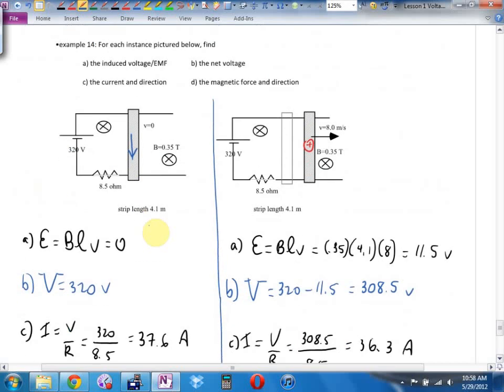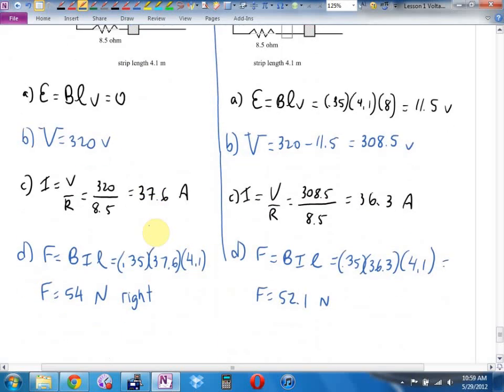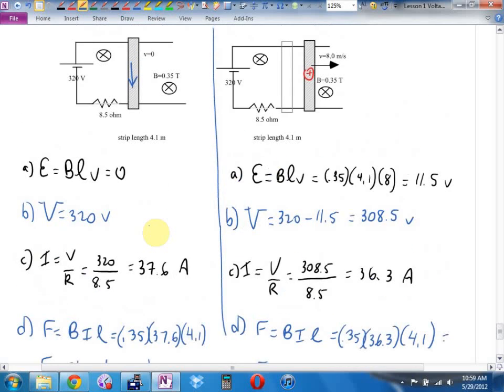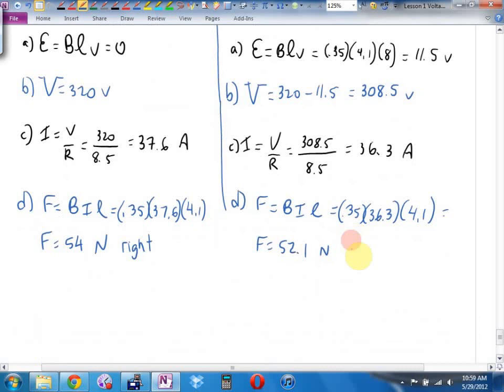What about here? Well, let's see. It's still moving to the right, into the page, moving up. This is also to the, I think it's to the left. Let me see.